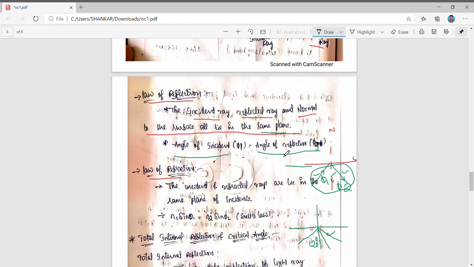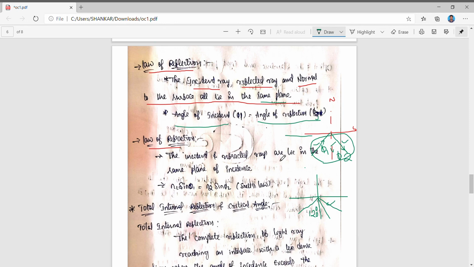That is the law of reflection, and another one is the law of refraction, which says that the incident and refracted rays lie in the same plane of incidence.